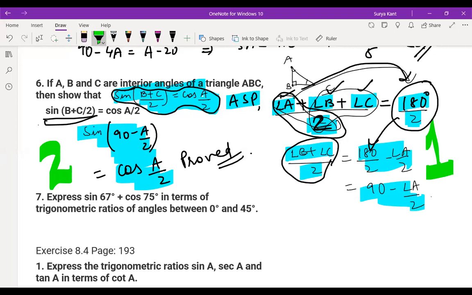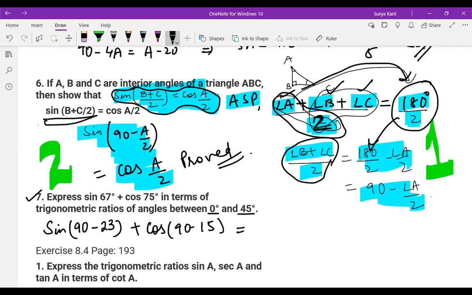Okay, next, in question number 7, they're asking you to bring this degree part between 0 and 45 degrees. This is the easiest way to do it. Sine 67, we can write as sine of (90 minus 23), and cos 75 we can write as cos of (90 minus 15).